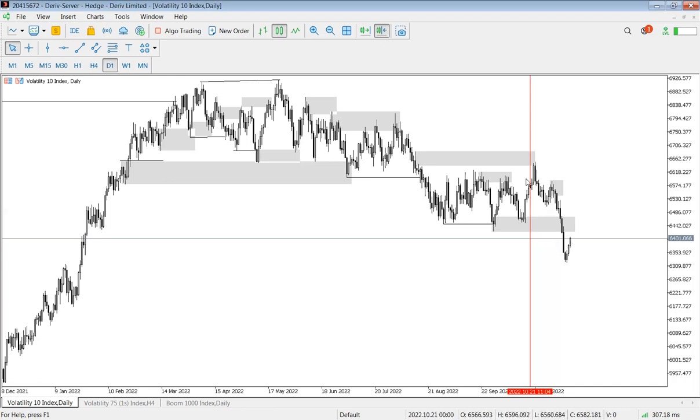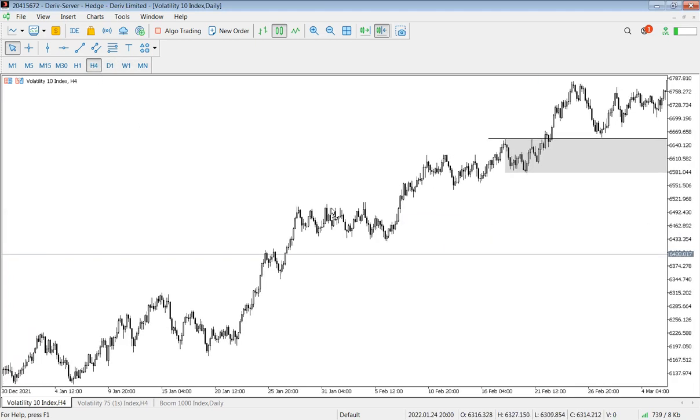So let's say you were waiting for price to trend to this zone before you take this sell. As it priced to your zone of interest, how do you take this sell? This whole push, how do you take it? When it priced to your zone of interest like this, you go to lower time frame like H4.